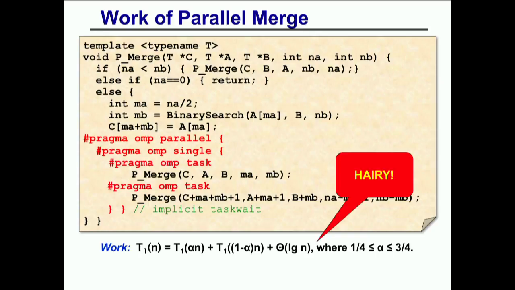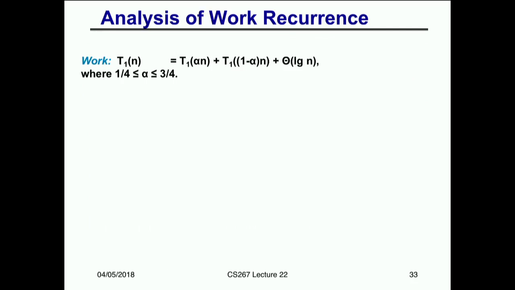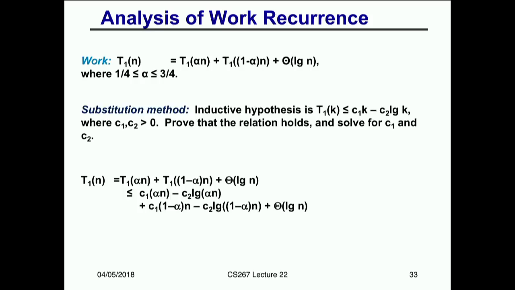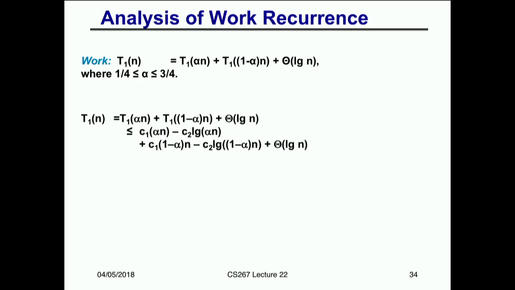And then the binary search is the same. This is kind of tricky, but I can claim that it's linear time, and I don't even know if I want to do this, but you can basically make a claim and prove it by induction that that's the case. And the slides have pretty much all the details to do that. You basically make the claim in the inductive hypothesis that the solution is C1 k minus C2 log k for some constants C1 and C2, and then you solve for C1 and C2.